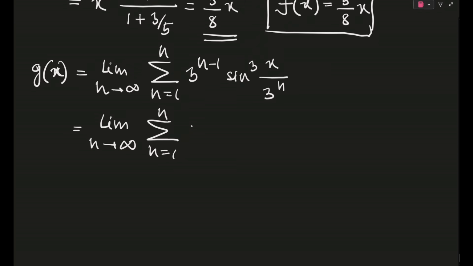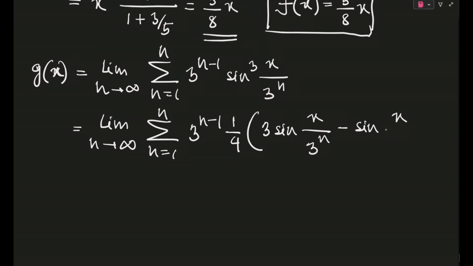So this actually becomes 3 power n minus 1, and if we want to convert this into sine 3 theta terms, I hope this will be 1 by 4 into 3 sine x by 3 power n minus sine x by 3 power n minus 1. I hope this is correct.